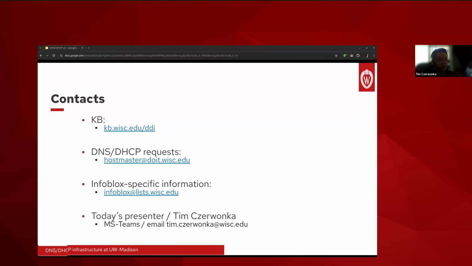We have a spot in the KB, kb.west.edu/DDI. If you have document suggestions, I am all ears. Normal campus DNS and DHCP requests can go to Hostmaster, like they have been in the past. And if you have Infoblox-specific information that you would like, send it to infoblox@lists.wist.edu.